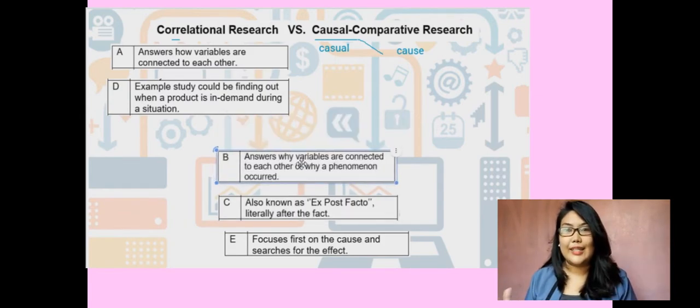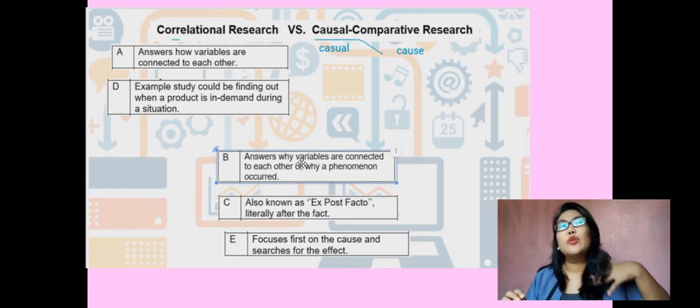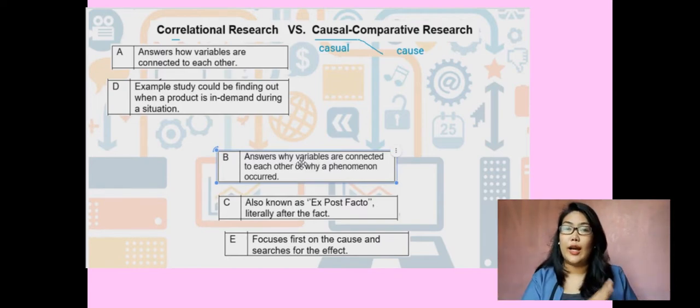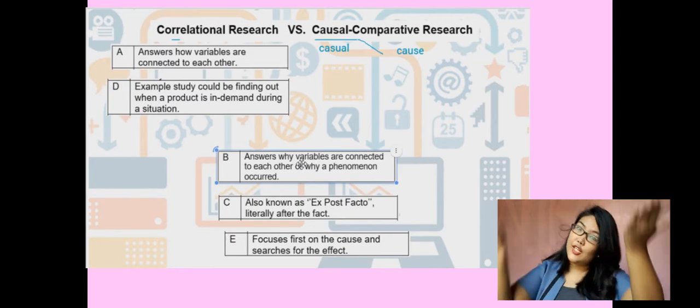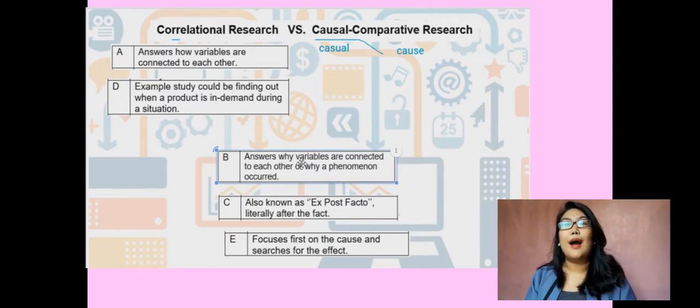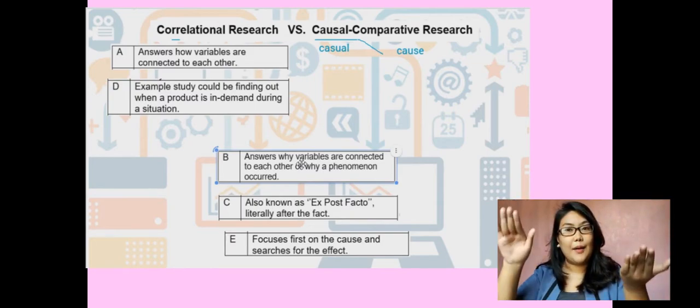Okay, maybe not yet in entrepreneurship, but during junior high economics, you already have economics, right? The law of supply and demand. Kapag mataas ang demand, mataas ang presyo. Kapag mababa ang demand, mababa ang presyo.